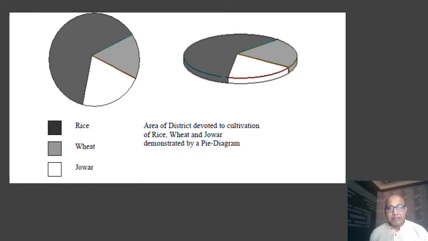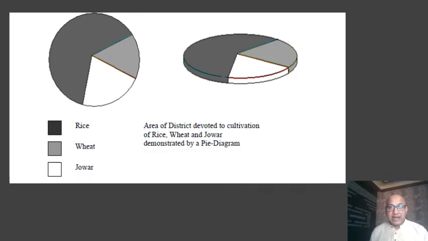A pie diagram is a circle whose area is divided proportionately among the different components by straight lines drawn from the center to the circumference.